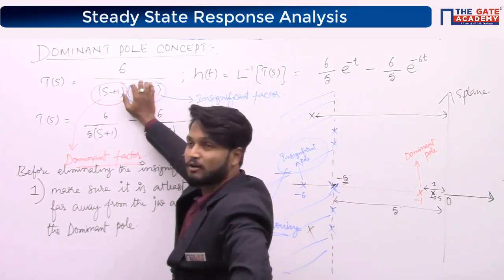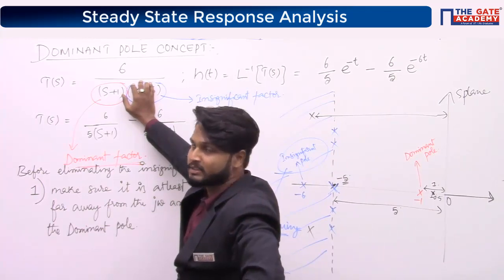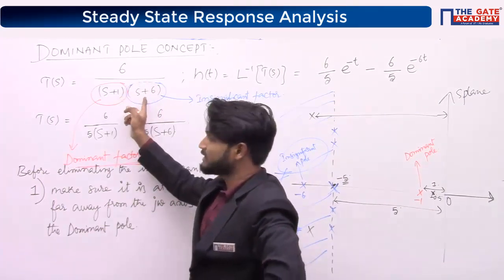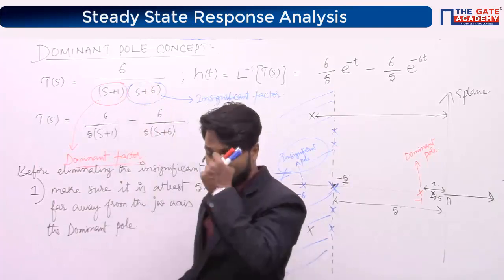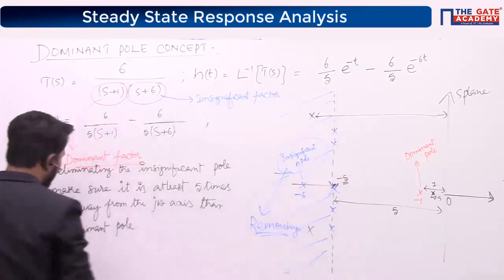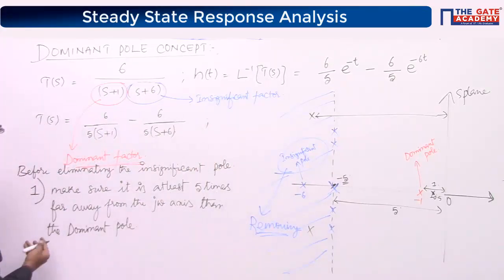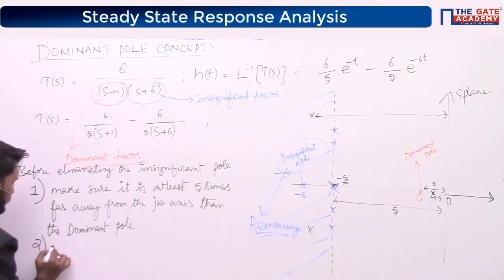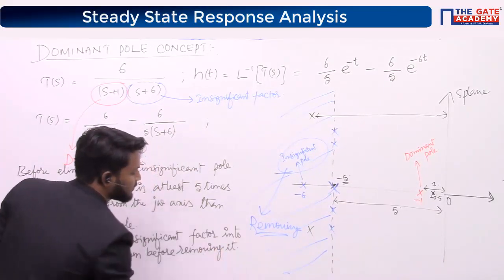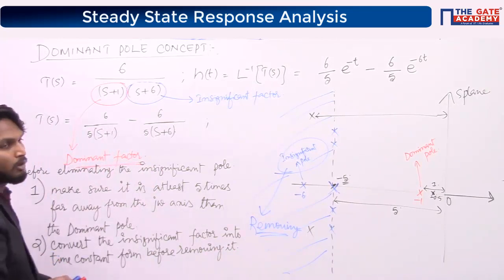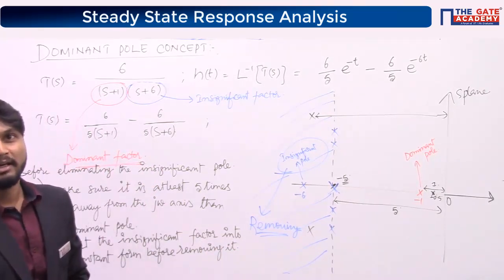To avoid that, I should convert this into time constant form. So the second condition is to convert the insignificant factor into time constant form before removing it, right?